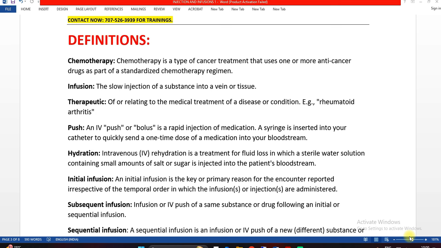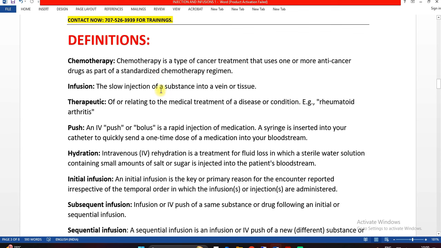In the documentation, you may also see it as anti-neoplastic chemotherapy. Anti-cancer and anti-neoplastic are the same words, so don't get confused.